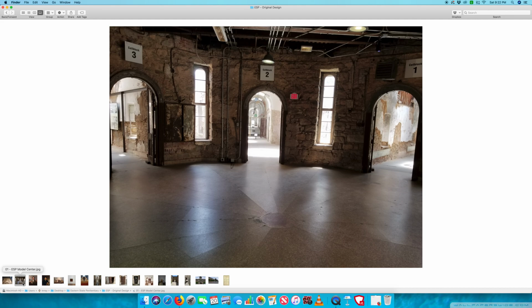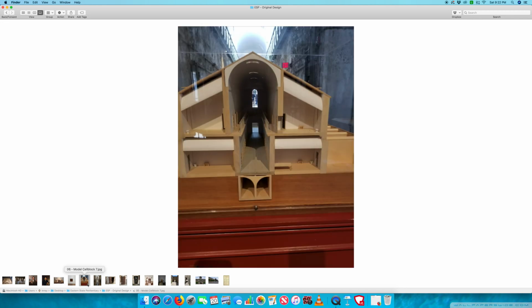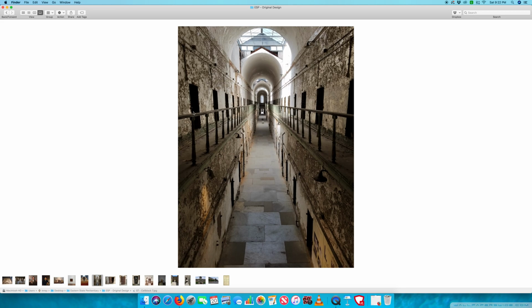So I'm going to come back with a new video in a little bit to talk about just inmate life. I'm going to go ahead and show you a couple of pictures here. So this is the interior of cell block 7. So matching this model, the 2-tiered, you can see the inset cell. It's interesting here, the construction. You can't see down here where, let me pull up this other floor.